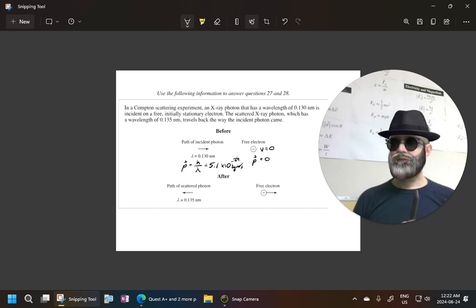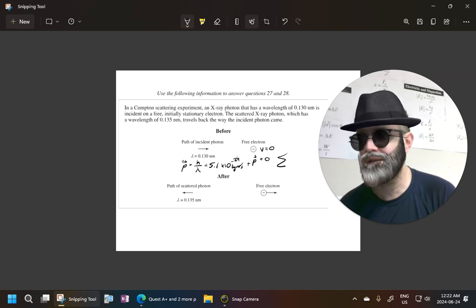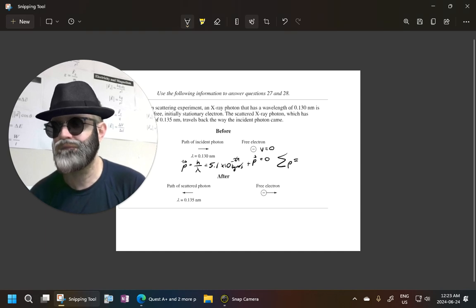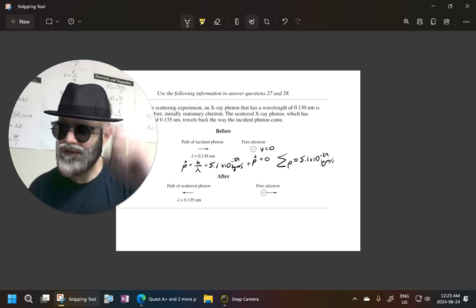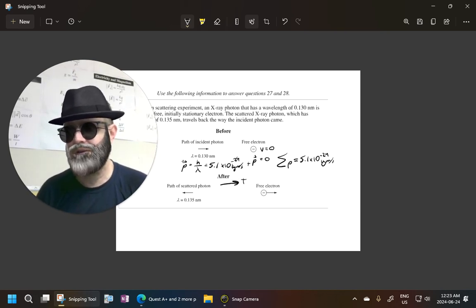Okay, so now we know the momentum, because if I add them together, the total sum is this number, 5.1 times 10 to the negative 24 kilogram meters per second. So that means the momentum afterwards has got to add up to that. But we got two different directions here. This momentum here is going backwards, so it's going to be a negative number in my calculation.